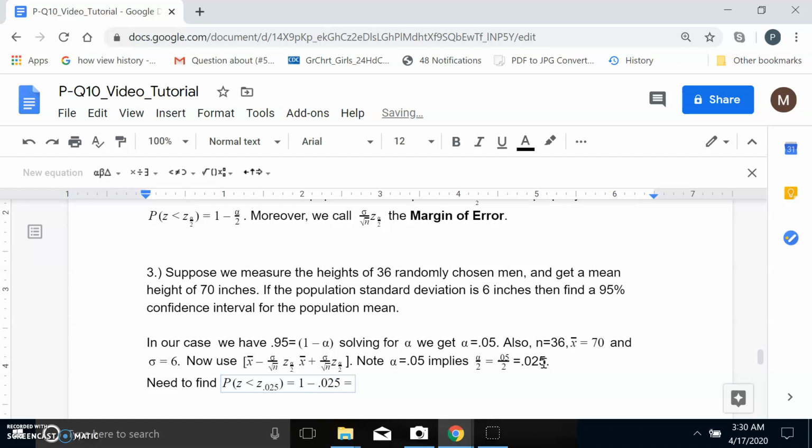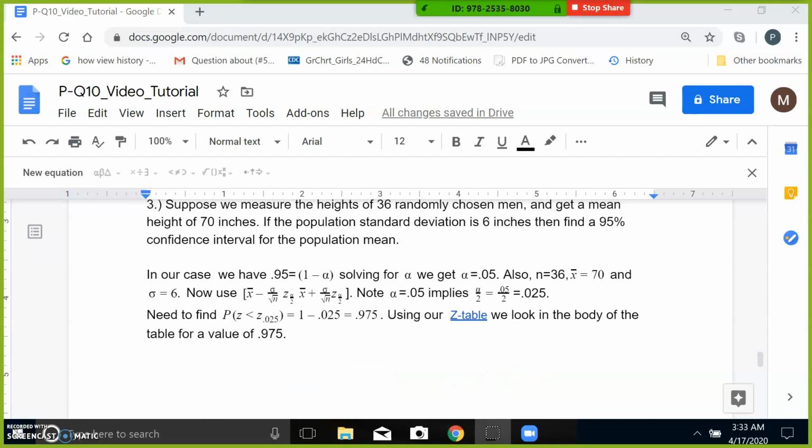And if you do that subtraction, you get 0.975. Okay, so now we have to use our z-table. Using our z-table, we're going to look in the body of the table for a value of 0.975.